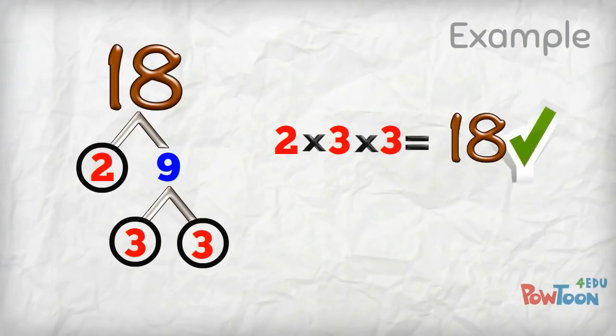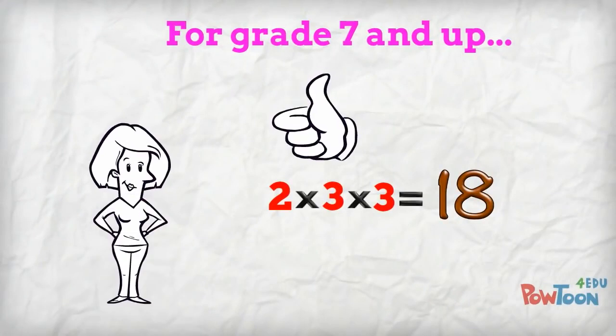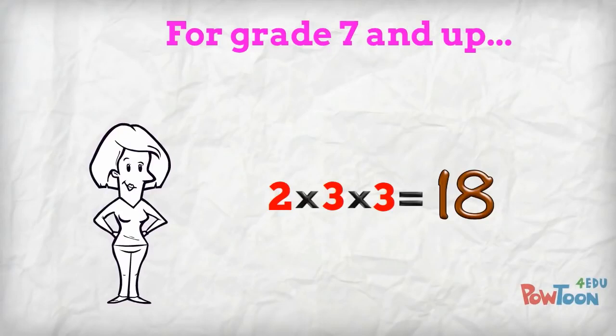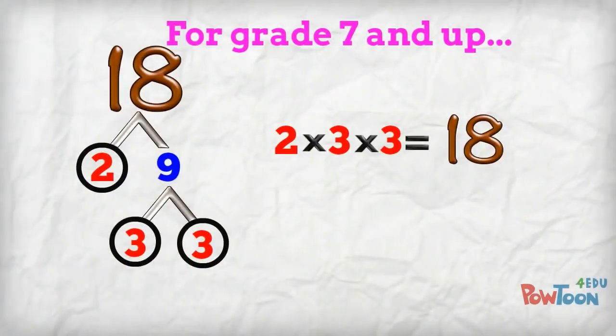It's correct, but it's not quite finished. To do a really great job on prime factorization, we show a factor that is repeated by using exponents. We call it using exponential notation. It sounds fancy, but it's easy enough. Check it out. How many 3's have I got? 2.